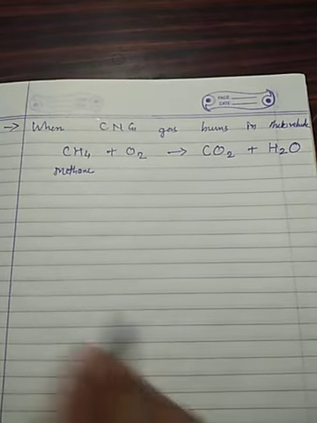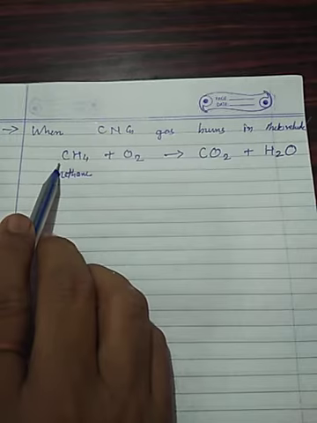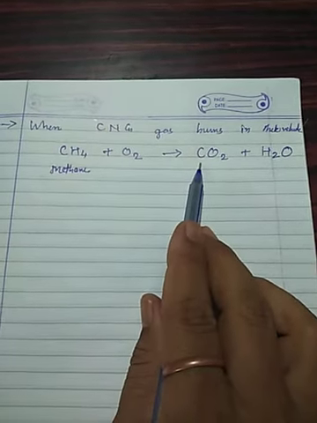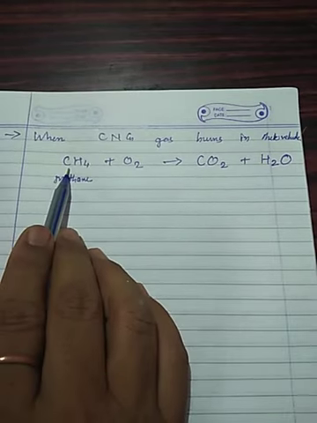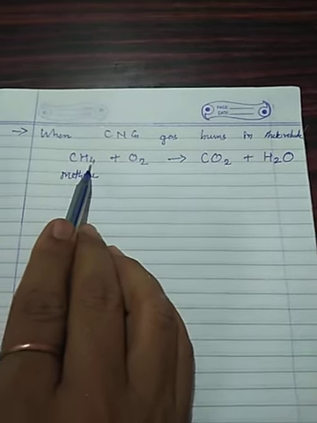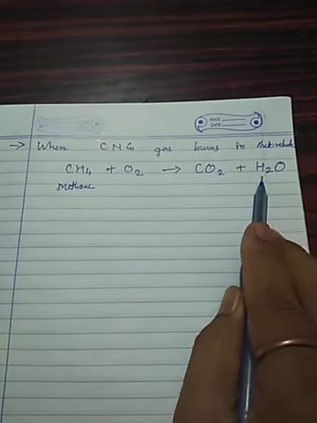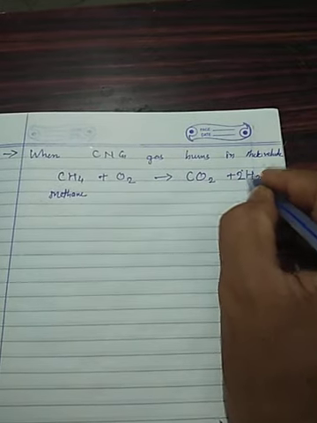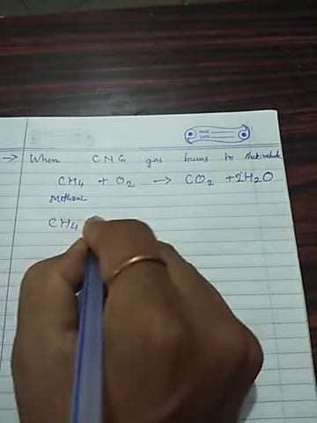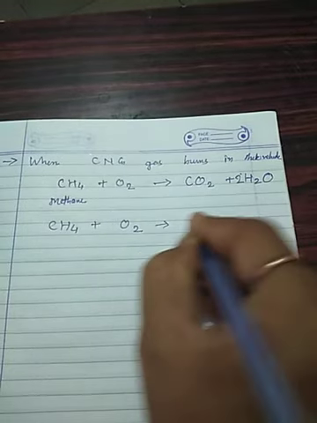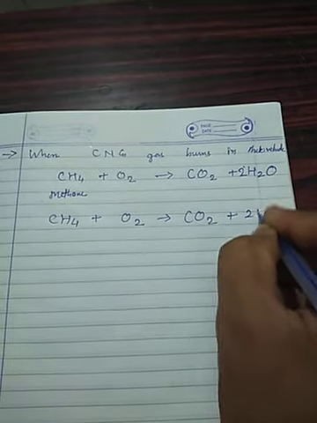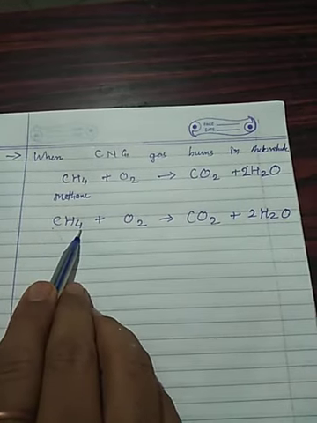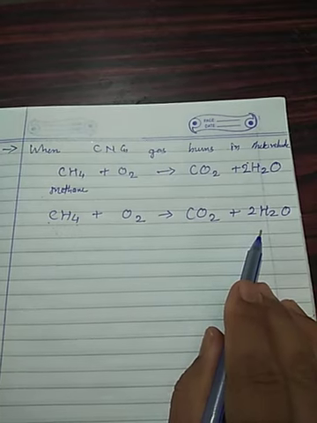On the reactant side 1 carbon atom is there. On the product side there is 1 carbon atom. On the reactant side 4 hydrogen, while on the product side only 2. So we have to multiply this by 2. So we got CH4 plus O2 gives CO2 plus 2H2O. Now carbon and hydrogens are balanced on reactant as well as product side.